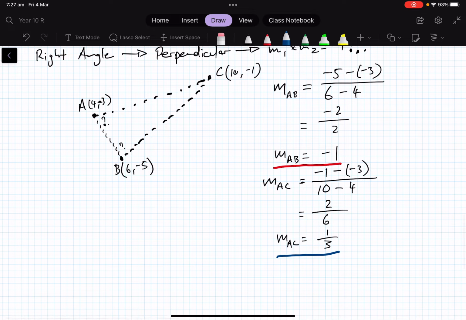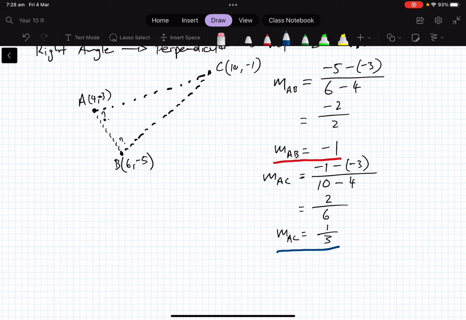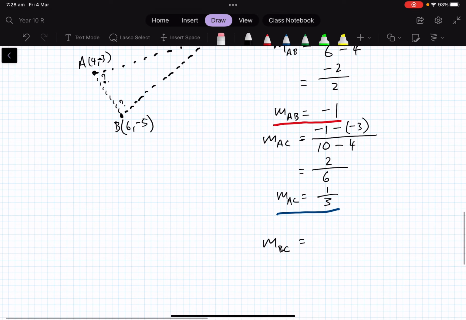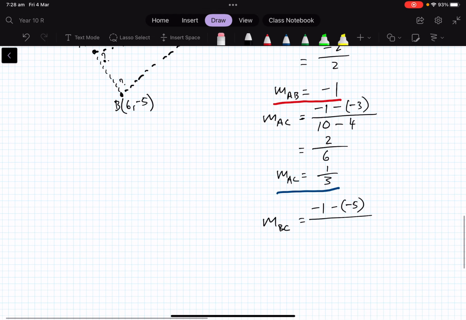So we need to find the third one, which is m of BC, the gradient of BC. So we've got -1 minus -5, y2 minus y1, over 10 minus 6.